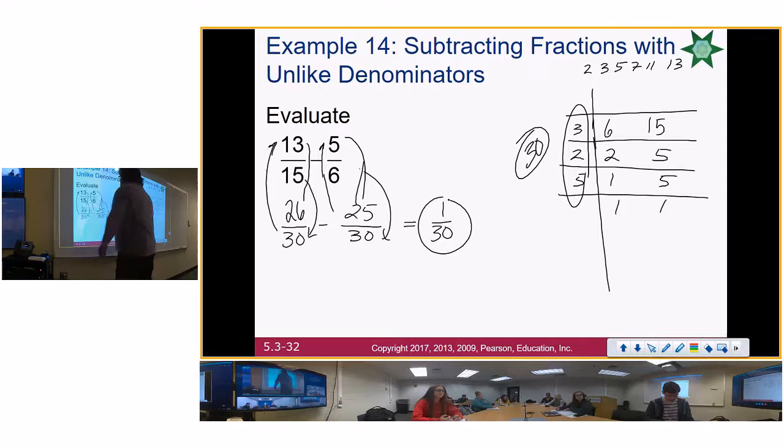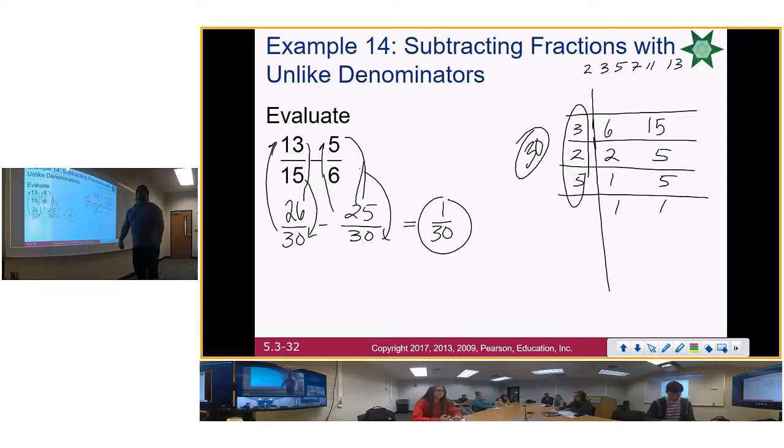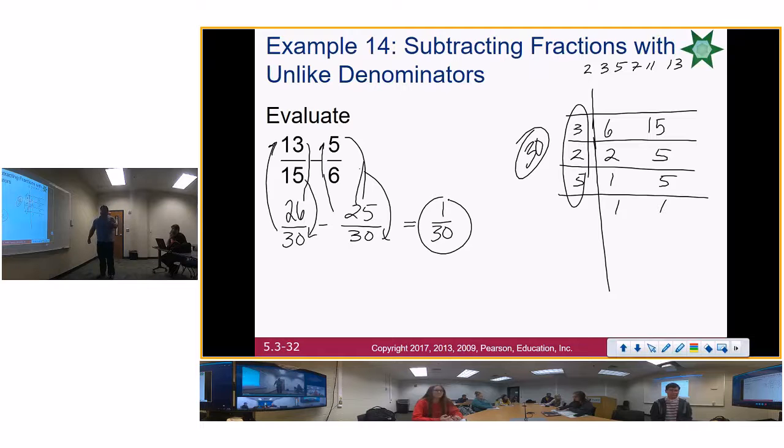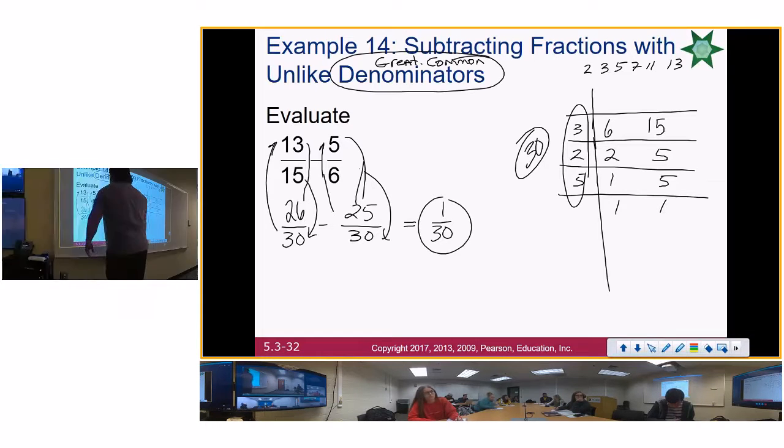Now, I'm not showing you this because I want you to do fractions tonight for homework. The reason I'm doing it is to show you why we learn how to find the least common multiple. The least common multiple gives us the least common denominator, instead of just a common denominator.